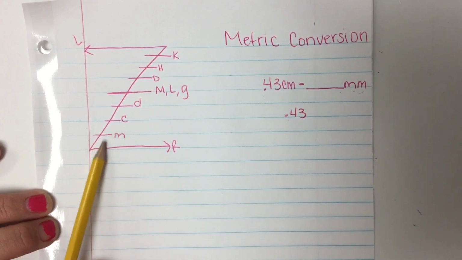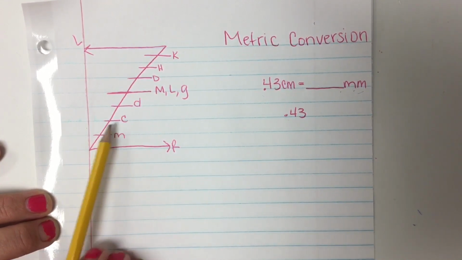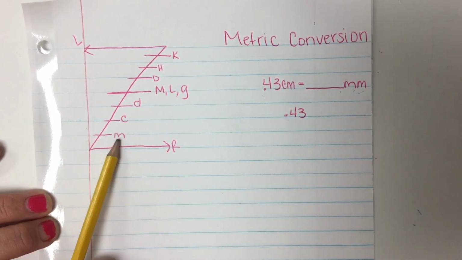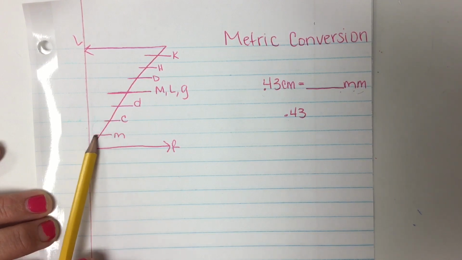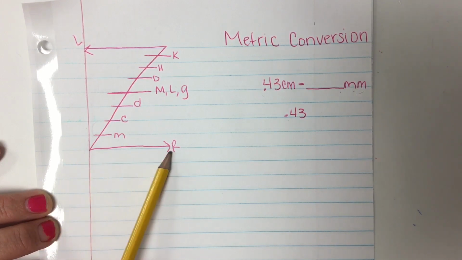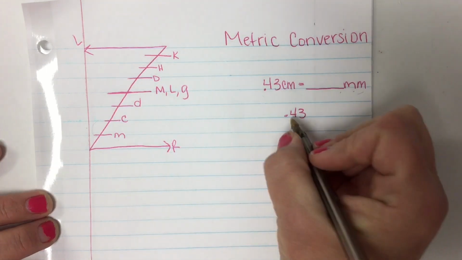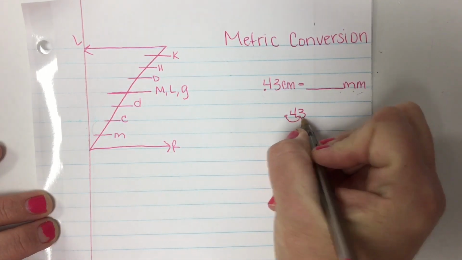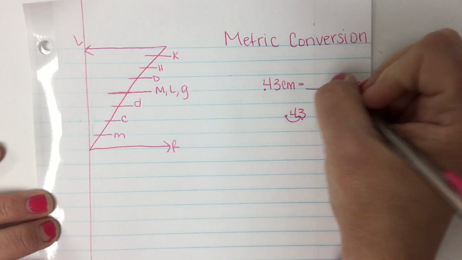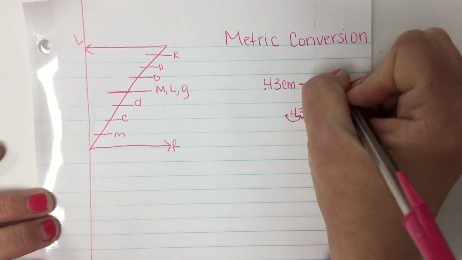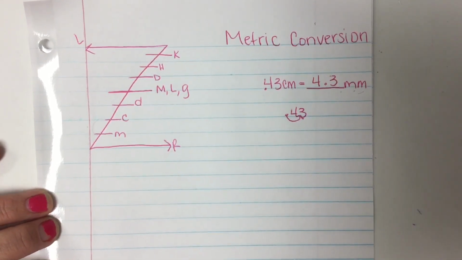That means I'm using these letters: cm would be here, mm would be here. So I'm taking 1 step down, so I'm moving to the right. I'm going to take this decimal and move it 1 place to the right. So 4,300 centimeters is 43,000 millimeters.